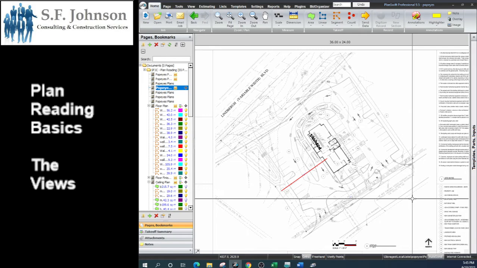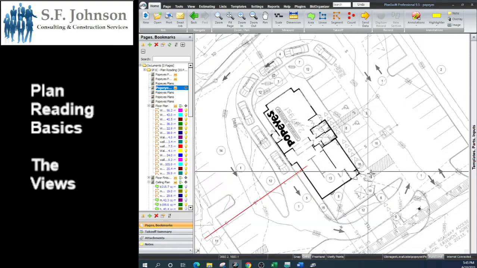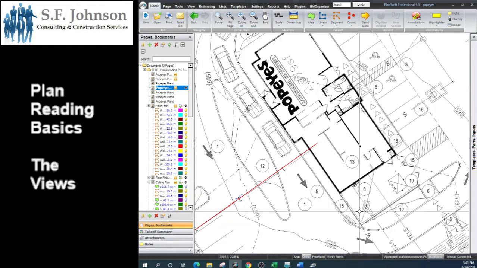The view is again the perspective from which you're looking at the information on the sheet. The plan view is the most basic of the views, and I say basic in terms of, if we wanted to construct maybe the curbs, from this view we can't really do anything other than measure how many linear feet of curb we're going to construct.